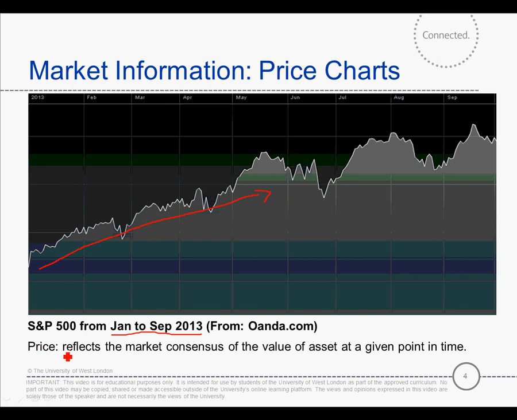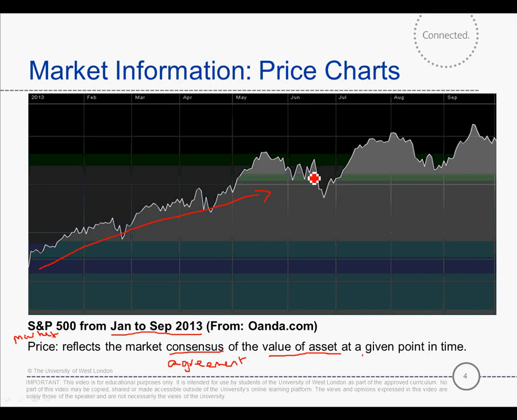And that's what price is. The price, or the market price, to be more precise, reflects the market consensus. Do you know what consensus means? Consensus is agreement. It's the market consensus. What everybody in the market agrees is the value of that asset at that given point in time, right?